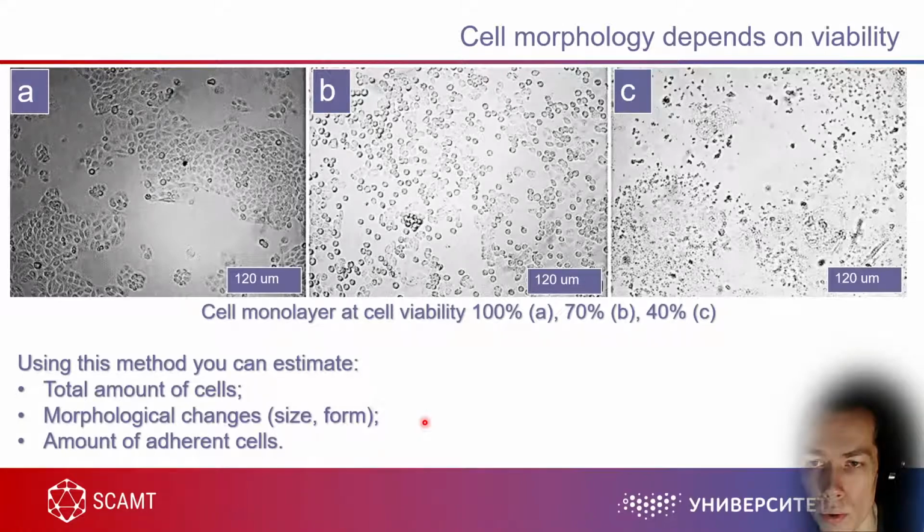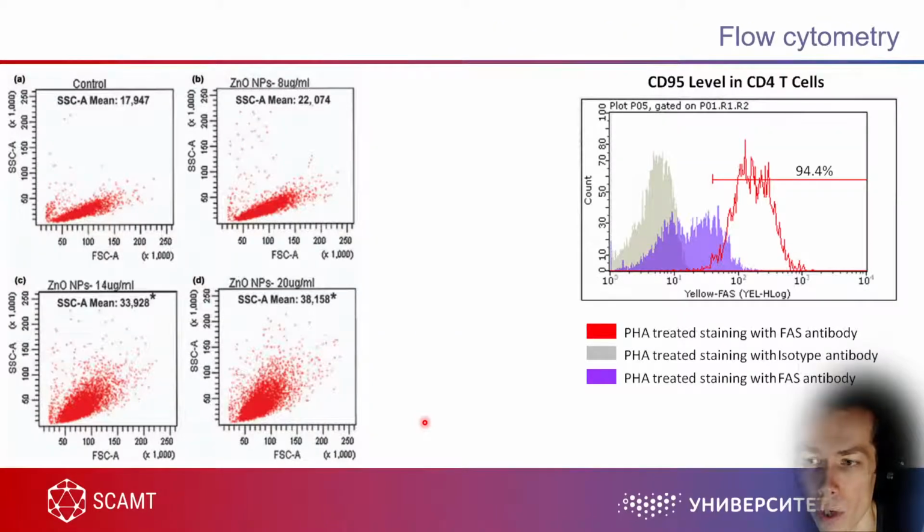But that's just your eyes. It's very hard to count the cells by your own hands, let's say, and that's why there's another option called flow cytometry, and you can use a flow cytometer to count your cells, and we have this device in our lab.